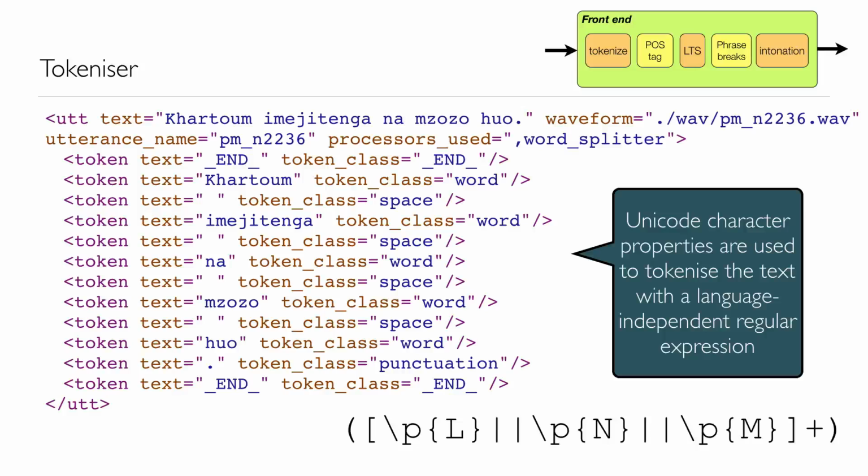So essentially what this regular expression is saying is it's matching all characters which, according to the Unicode table, are letters, numbers, or marks. And then we segment incoming text with this expression and take as tokens everything matching that expression and everything occurring between matches of that expression. So we're treating both what turn out to be words and spaces as tokens.